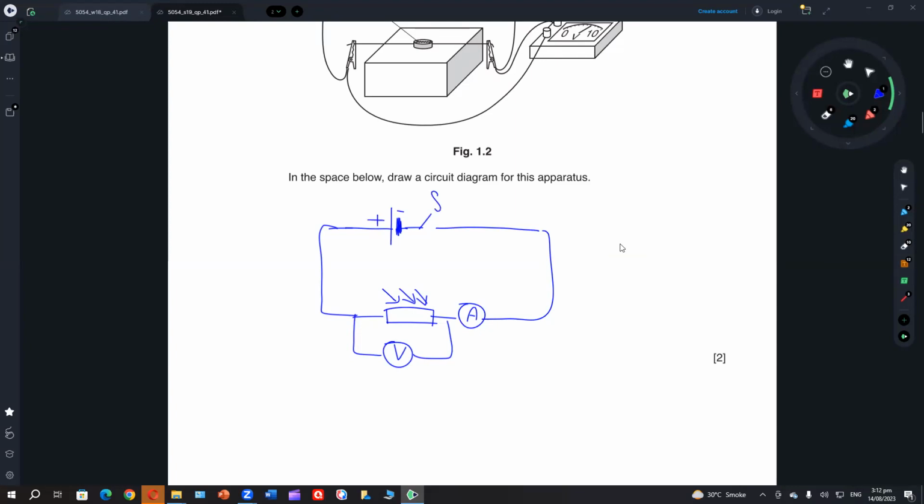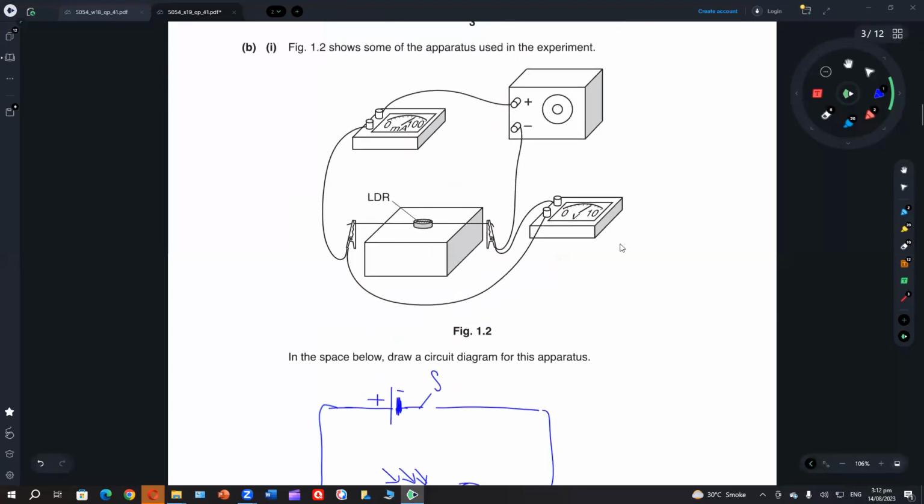Look at this screen. In the above diagram, what is at the top right? I'm sorry, I couldn't understand. It's an ammeter.